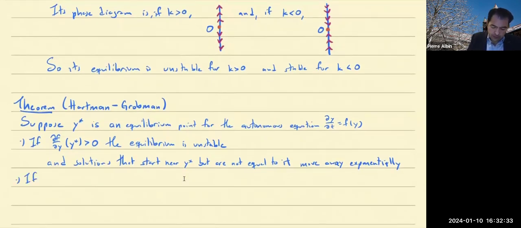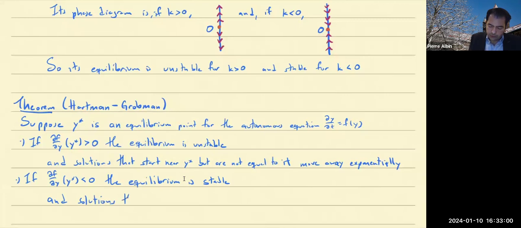right? Similarly, if df dy at y star is negative, the equilibrium is stable, and solutions that start near y star move towards it exponentially.